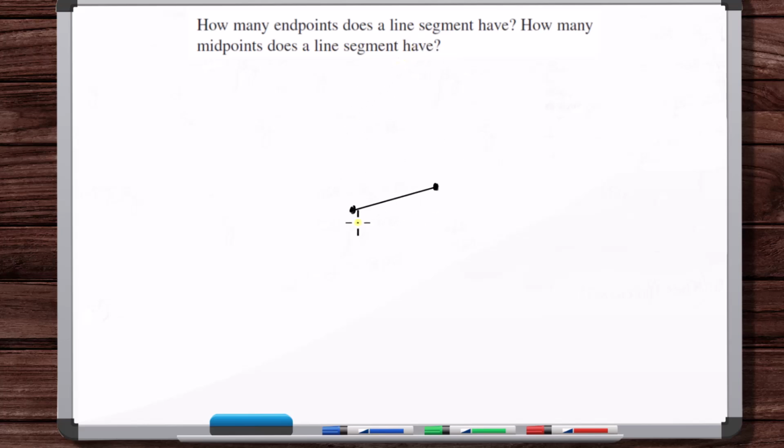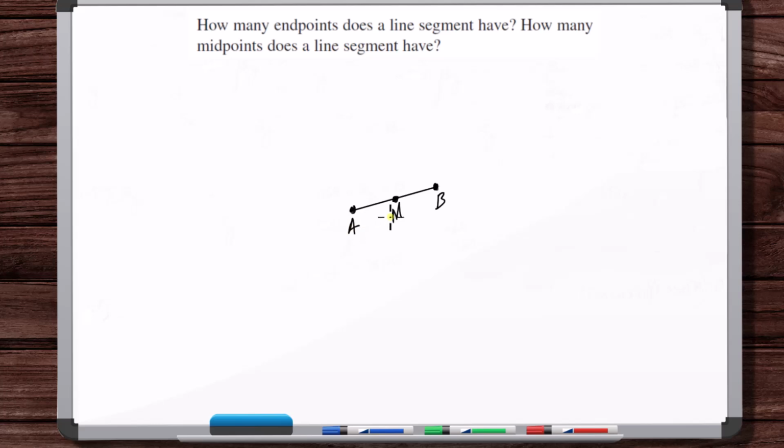And a line segment has two endpoints. So here's A and B, the two endpoints, and it has one and only one midpoint. It's the one unique point that cuts the line segment in half.